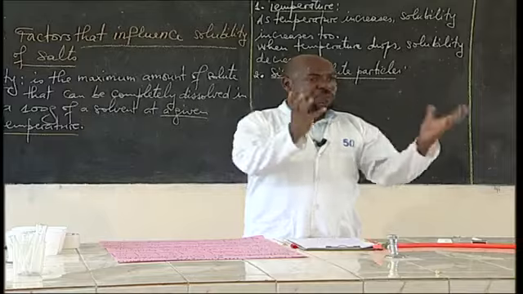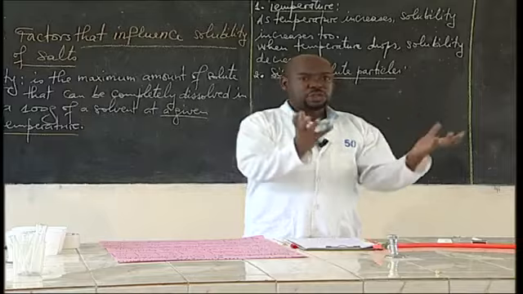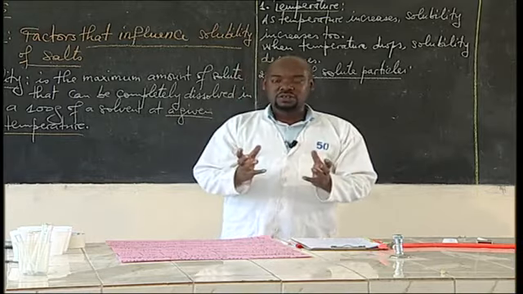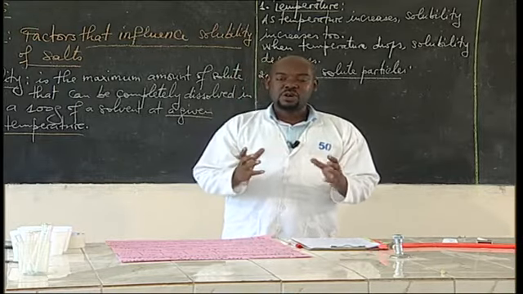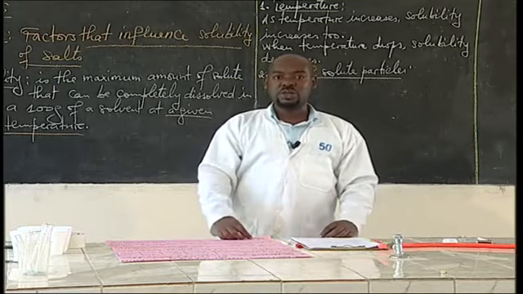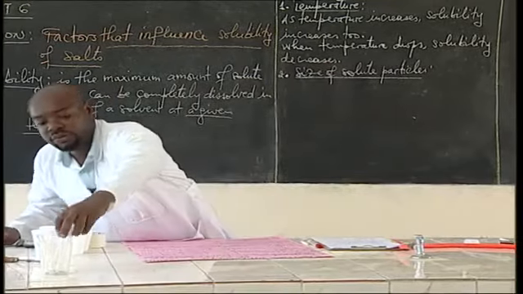When we use large particles of table salt, and when we use very small particles of table salt, what kind of particles dissolve faster? Have you ever tried to do that?